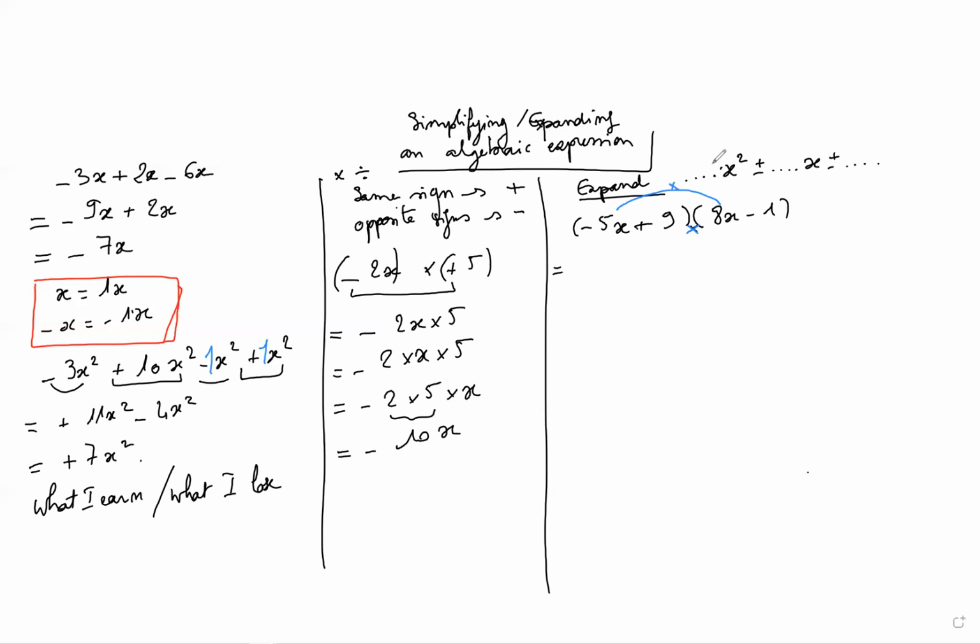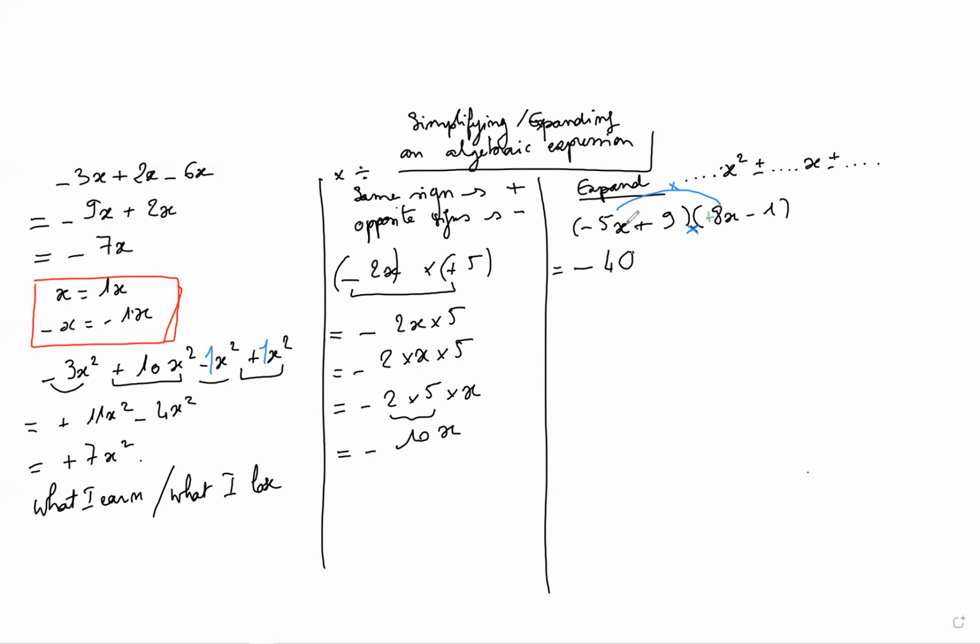If you are not very good at that, please write the signs that are not written. I always tell my students to compute separately the sign and the number and the letter. Look at that. I'm going to compute the sign. Opposite signs, I get a minus. Then the number, 5 times 8, it's 40.